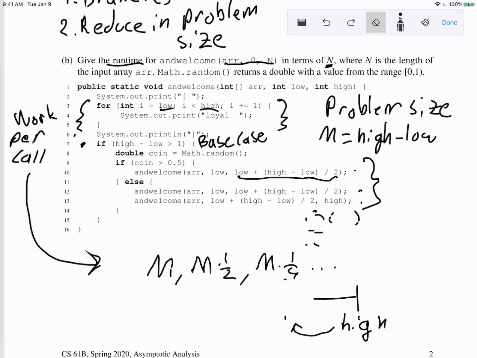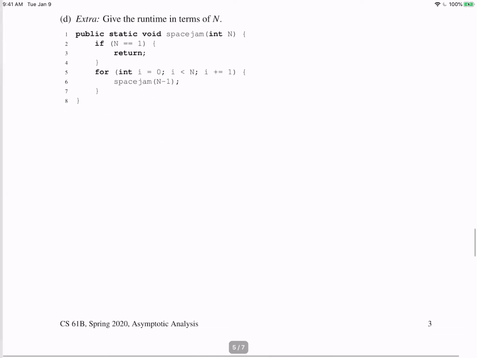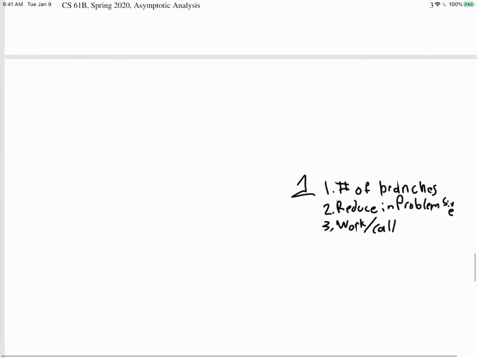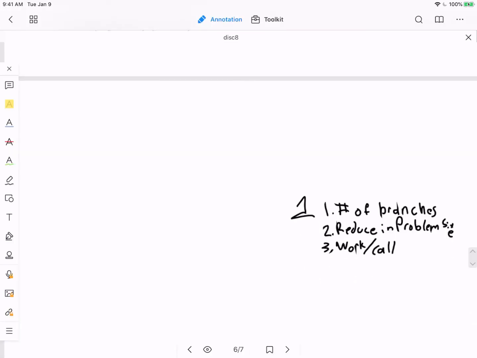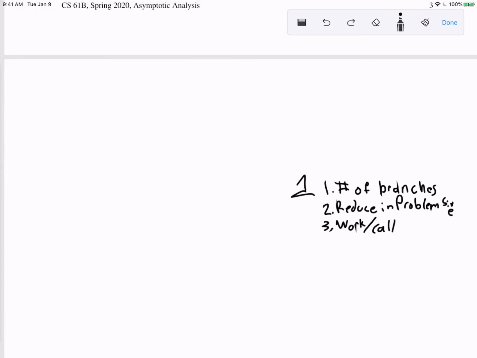It's just recursively getting divided by 2. So let's go back and write that down. The reduce in problem size becomes m over 2, and the work per call, we noted, was m.